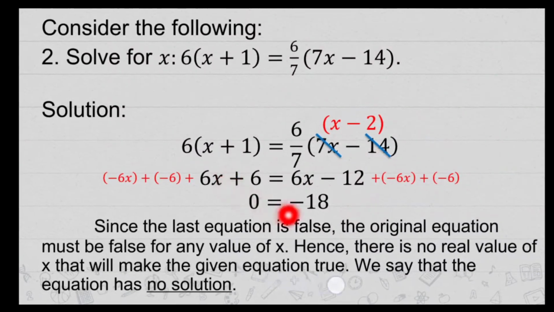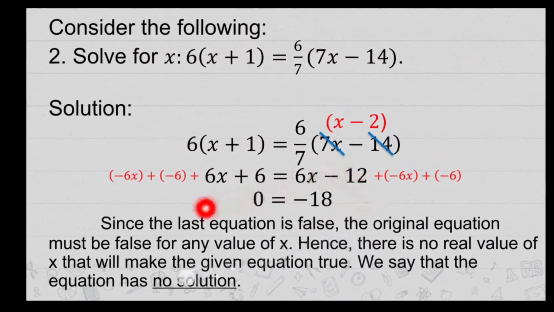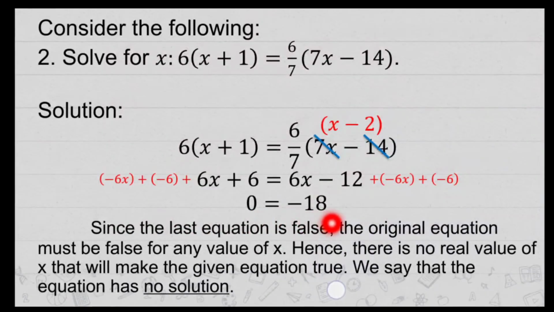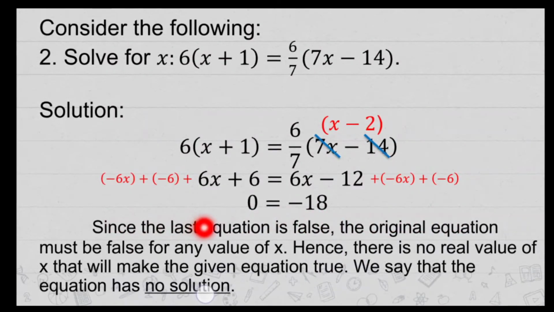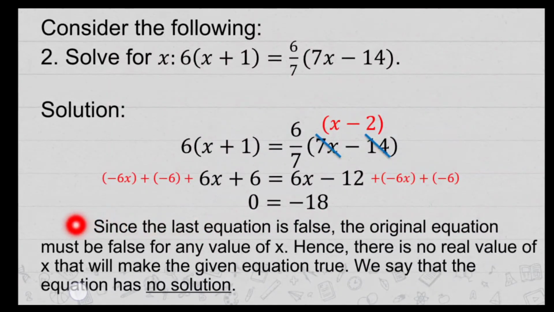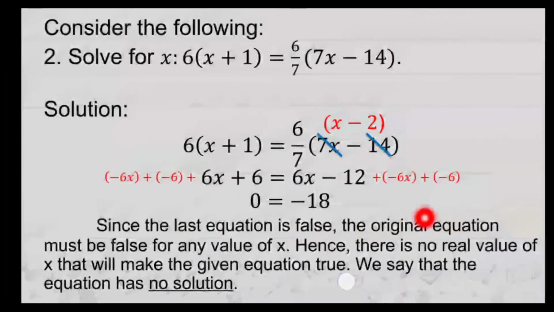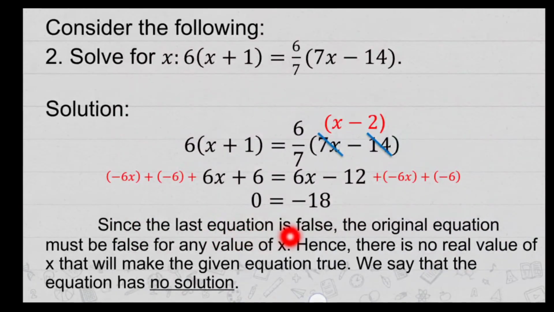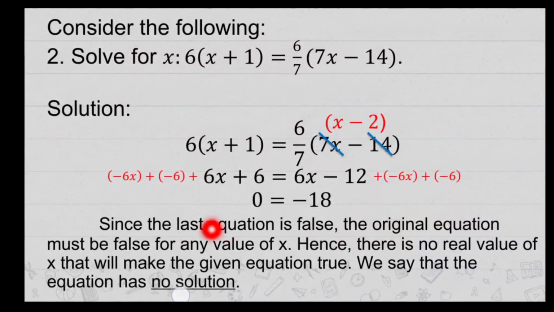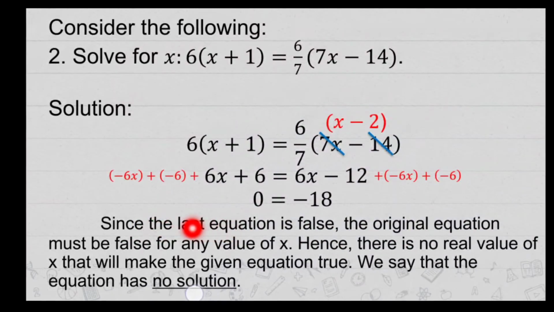So 0 is equal to negative 18. Since the last equation is false, the original equation must be false. The original equation must be false for any value of x. Hence, there is no real value of x that will make the given equation true. We say that the equation has no solution.